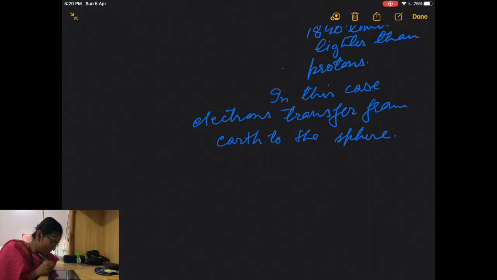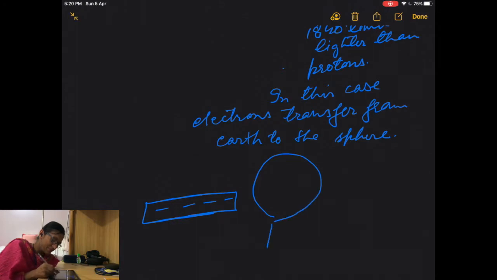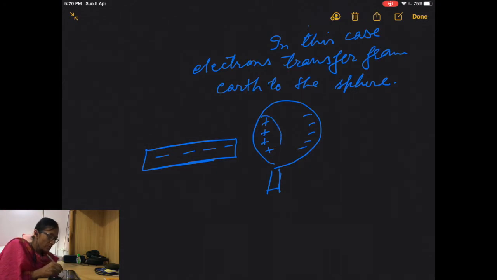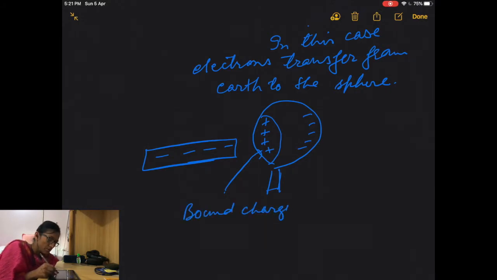What happens if we had taken a negatively charged body near this sphere? This time, a fraction of positive charges would be attracted towards the closer surface, and at the farther end there will be negative charges which were shifted. Now these positive charges here are bound charges. They will not move, bound by these electrons.